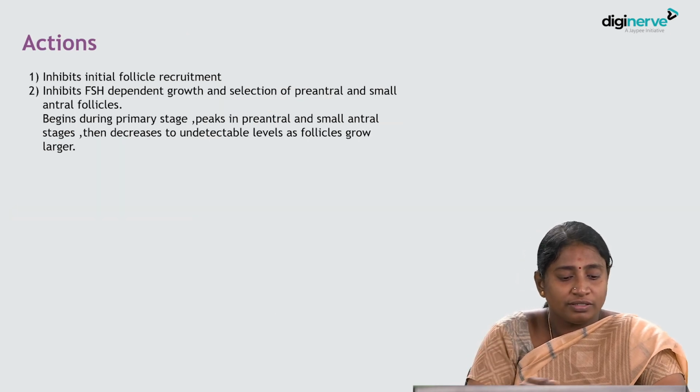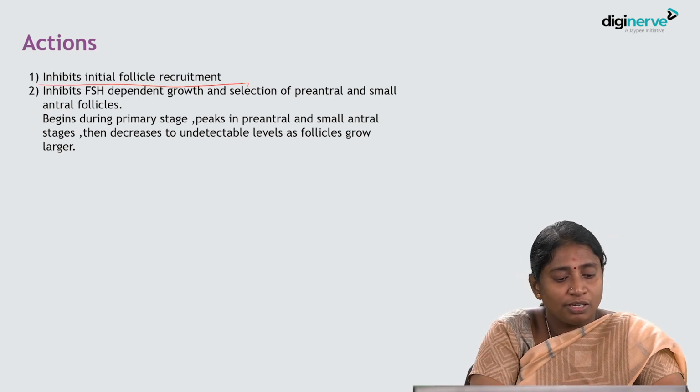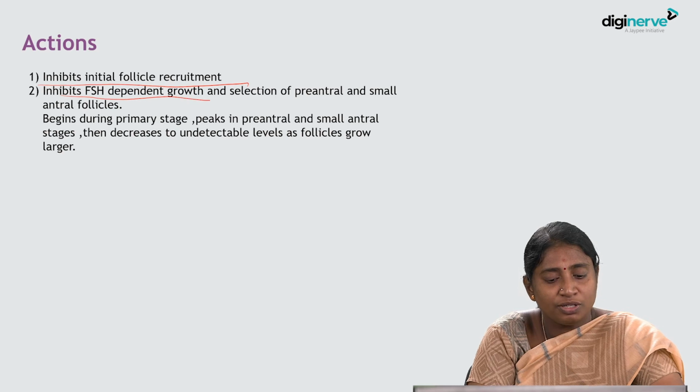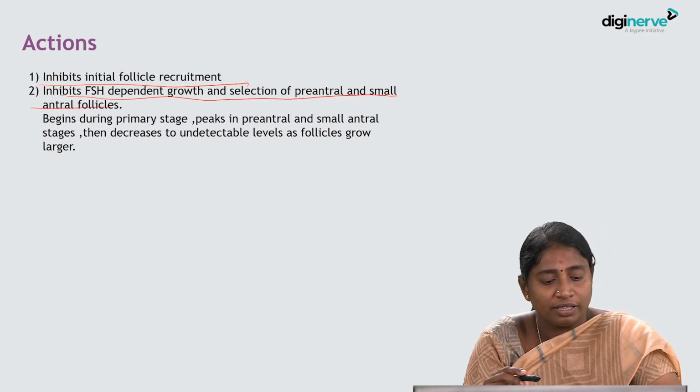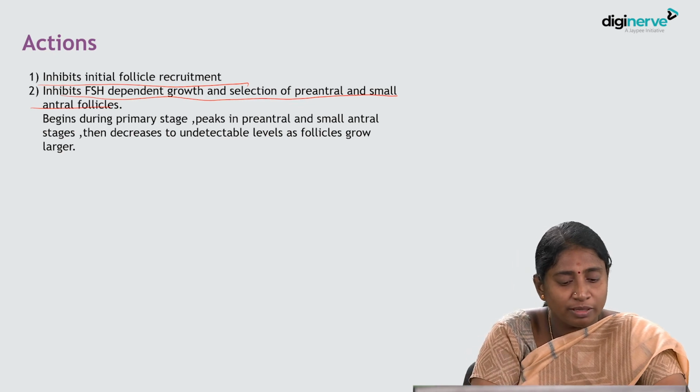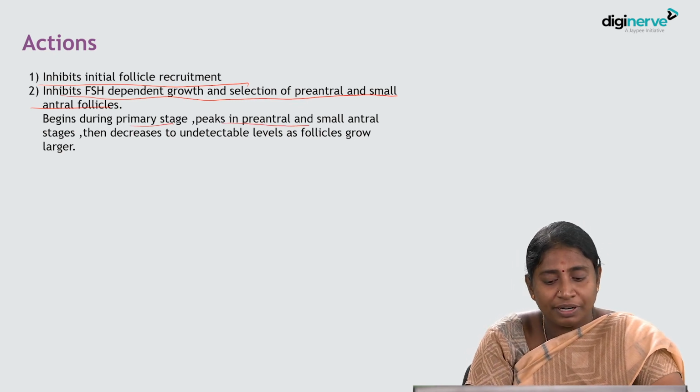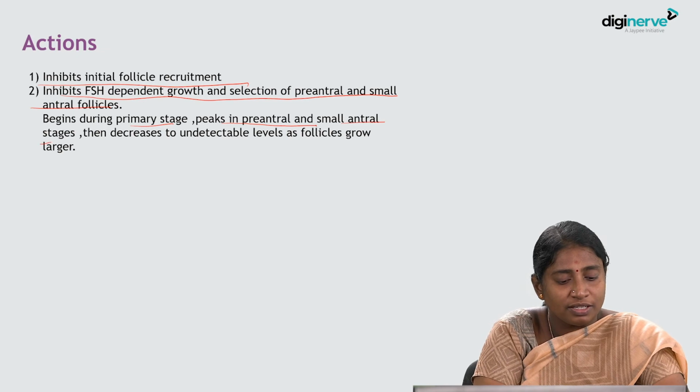What's its action? It inhibits initial follicular recruitment. It also inhibits FSH-dependent growth and selection of the preantral and small antral follicles. Expression begins during the primary stage, peaks in the preantral and small antral stage, then decreases to undetectable levels as follicles grow larger.